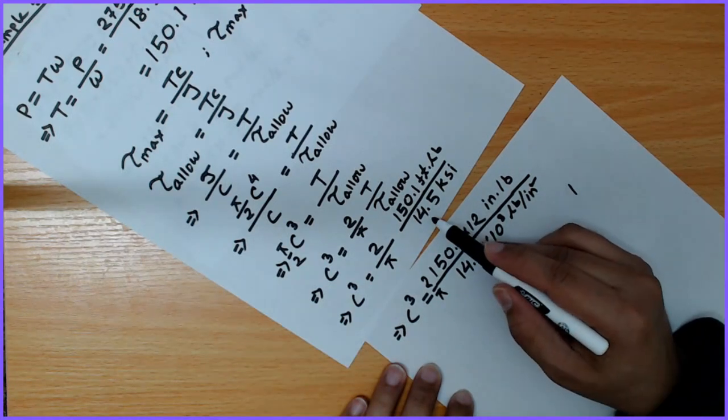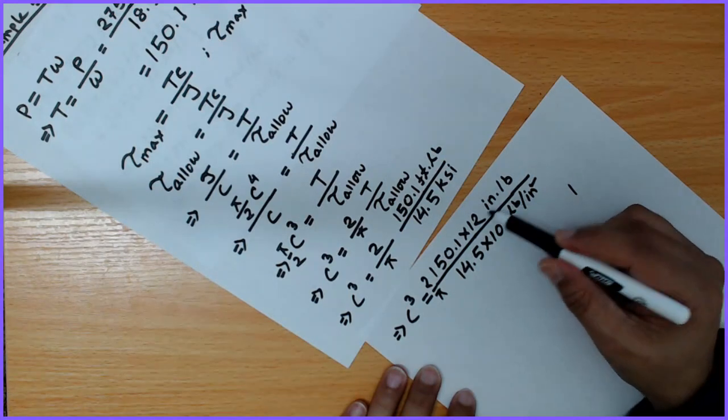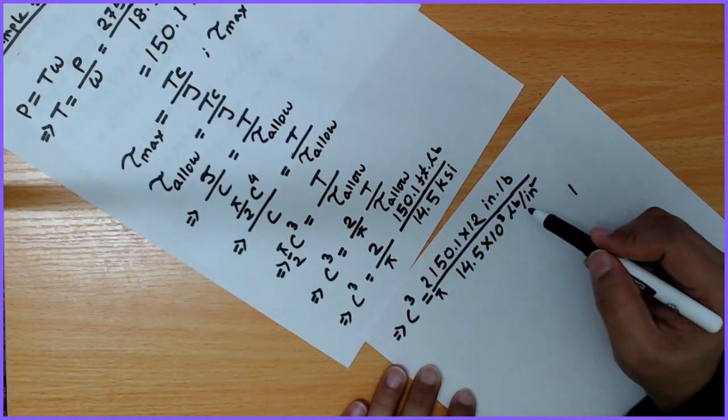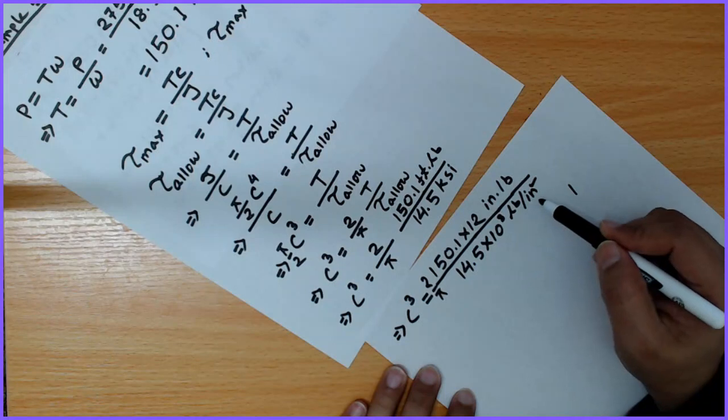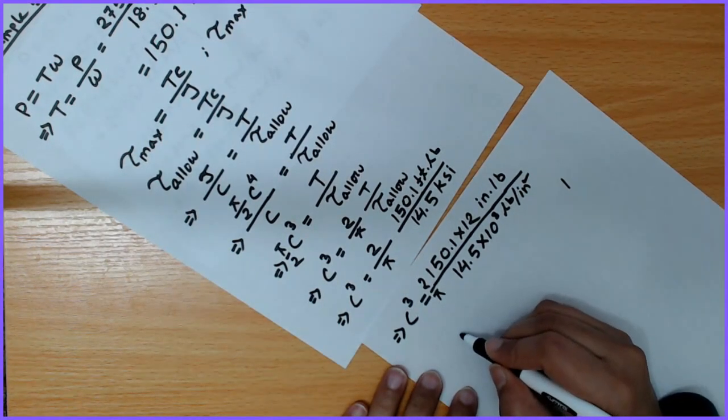We multiplied 14.5 by 1000 because it is in kilo pounds per inch square, to make it pounds per inch square.